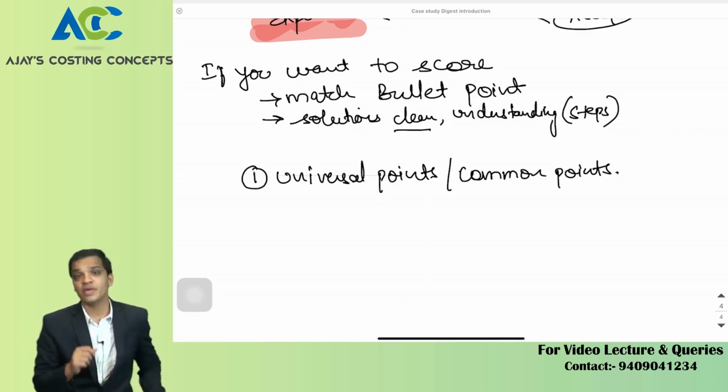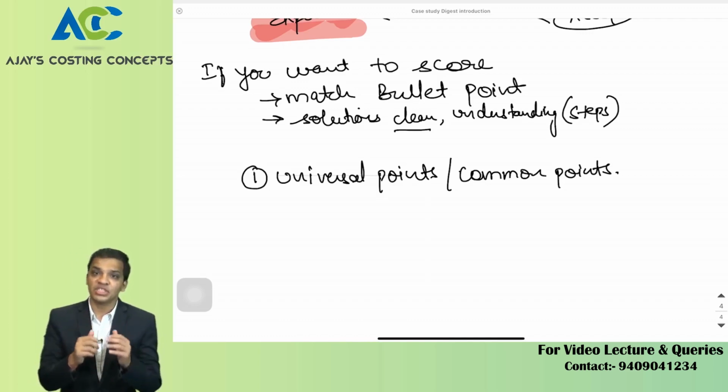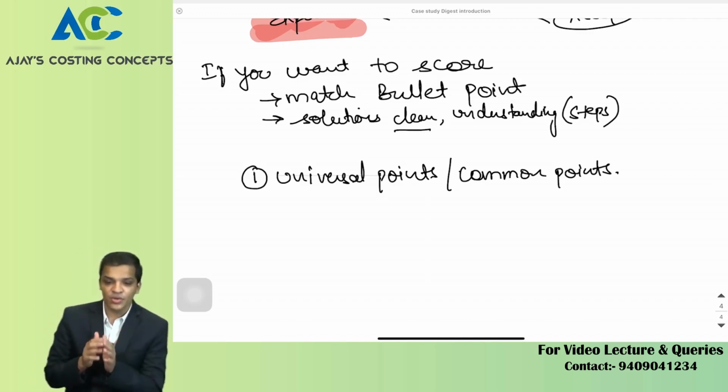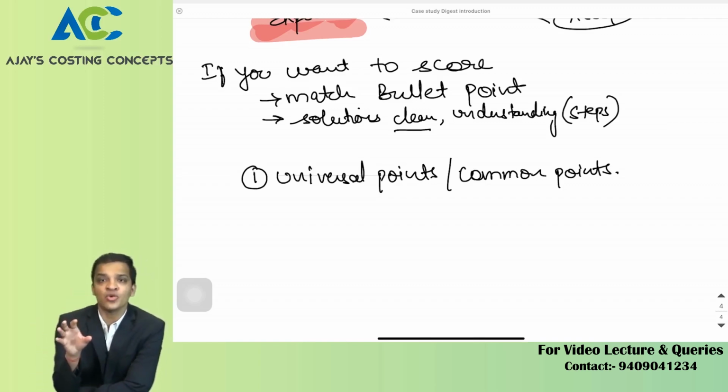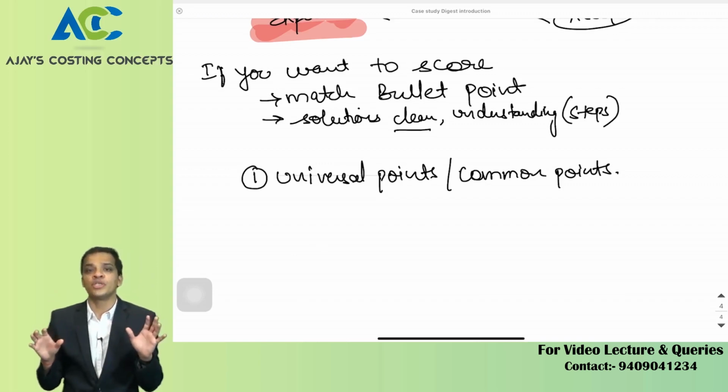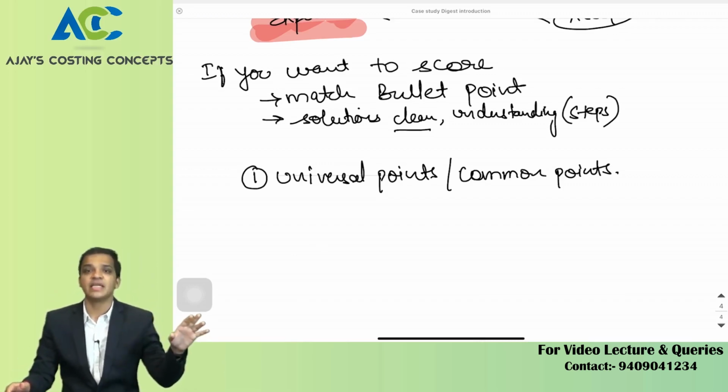Now, when it comes to universal points, in every question we do there would be some universal point, very important, I would say, whether you learn that question, whether you learn the solution, whether the same question is asked in the exam, or they have not repeated the same question.